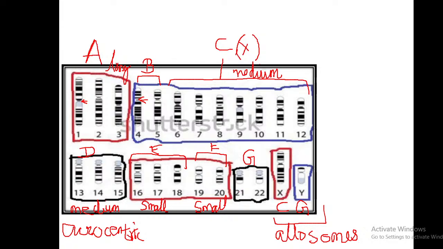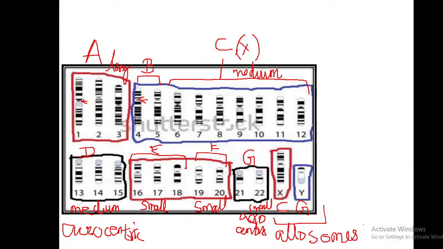Then G, it is small acrocentric. G is also a small chromosome and it is acrocentric. The centromere is towards the tip of the chromosome. These are acrocentric chromosomes.